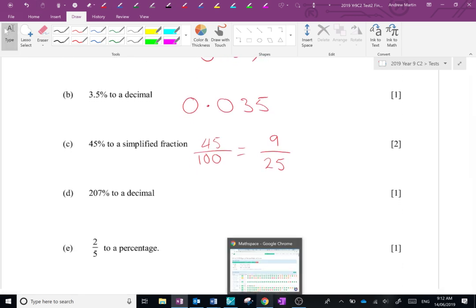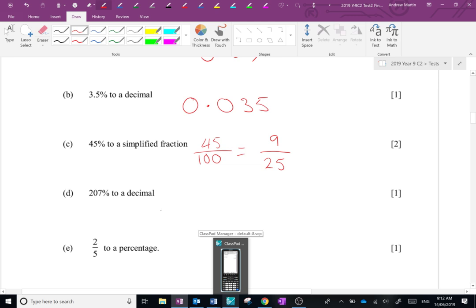207% to a decimal. Again, we just divide by 100 and we would get 2.07. Oh, sorry. What did I divide by? 4 or 5? Divided by 5. Didn't I? Yeah, so you're right. No, hang on. I'll get to that.